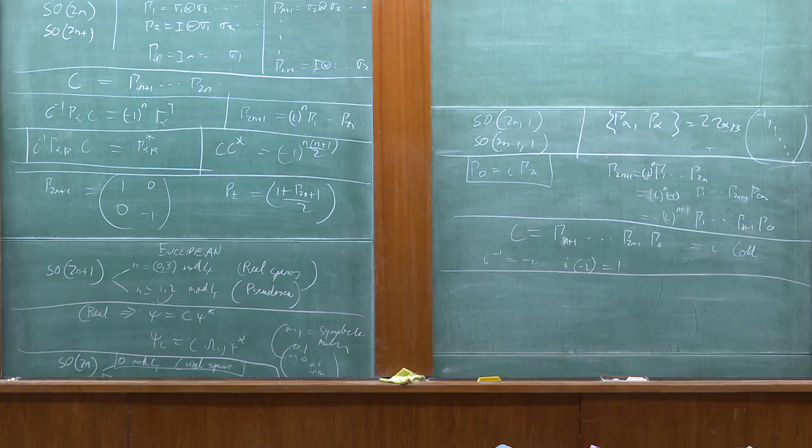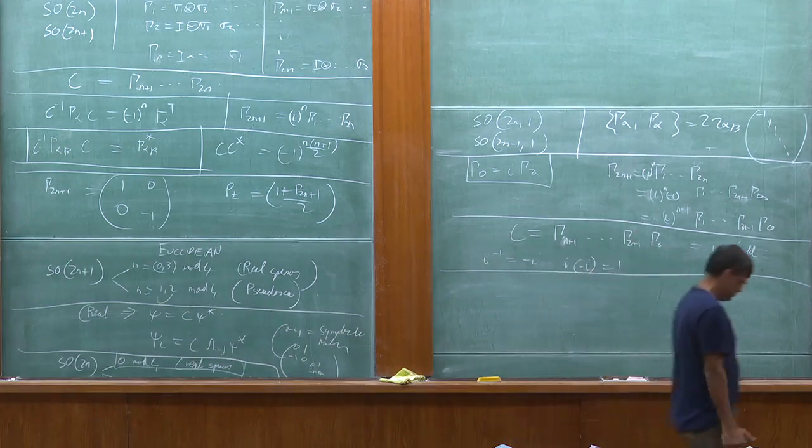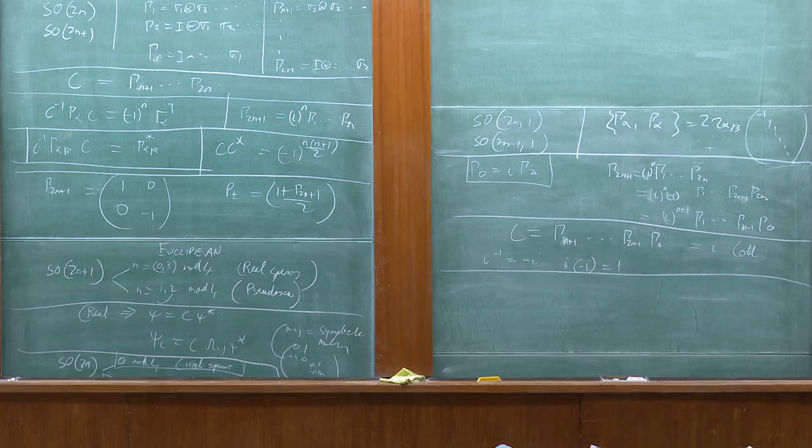You have done an active change in the representation. I'm saying in gamma 2n plus 1, instead of gamma 2n you should have written gamma naught without the I, or in gamma, the definition is the same.